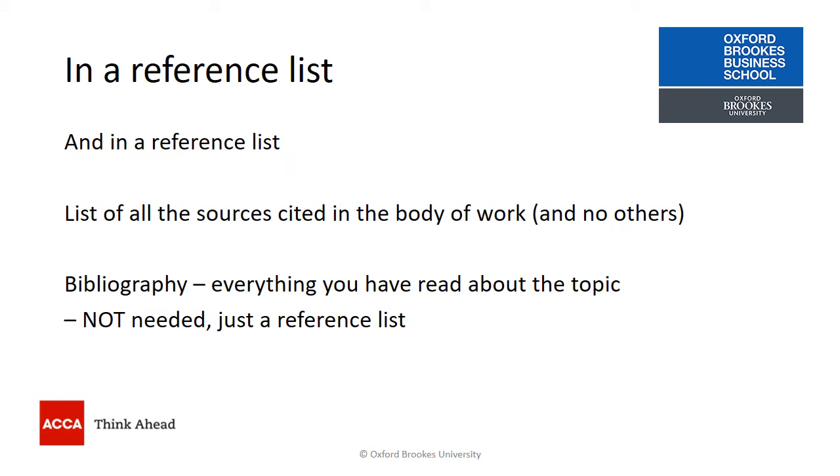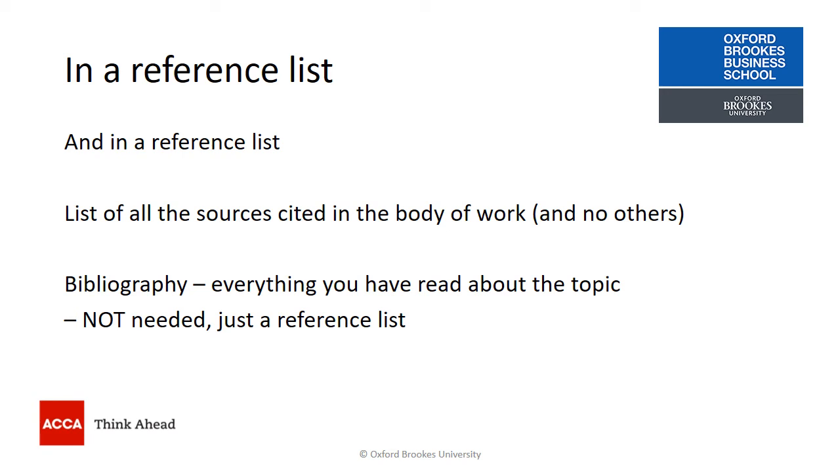We also include the reference in a reference list. So the reference list is a list of all the sources that are cited in the body of work and no others. So our research report includes lots of in-text citations. Each of those in-text citations is included in the reference list, but there aren't any others.